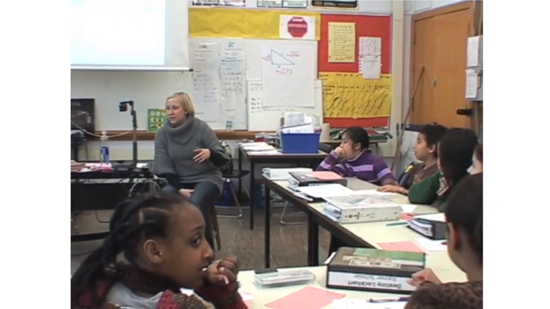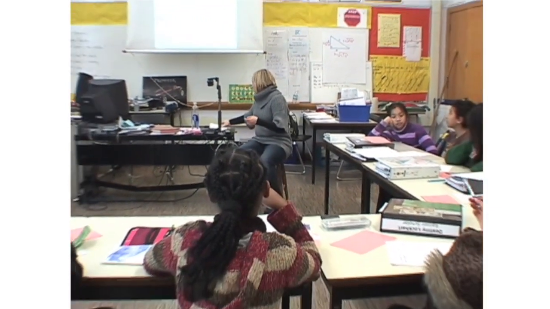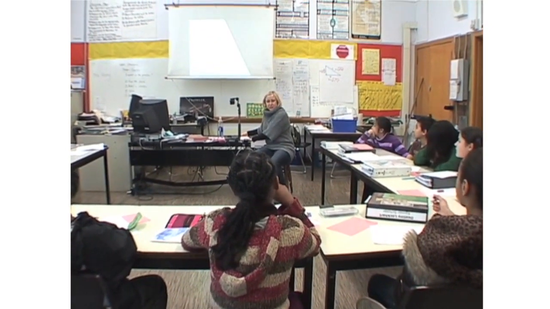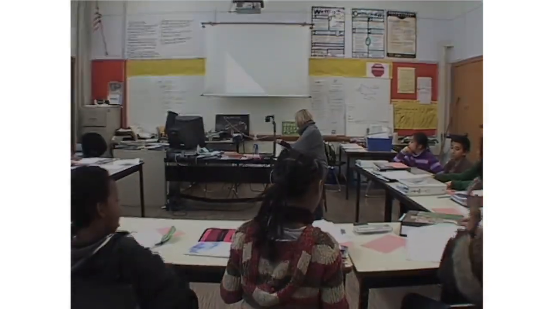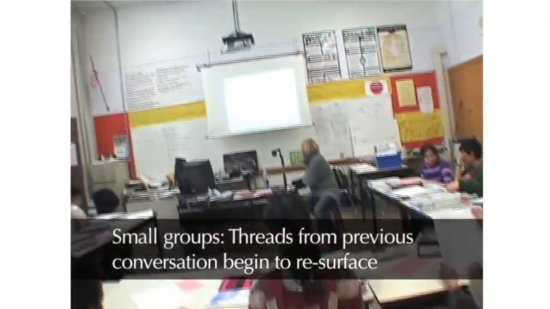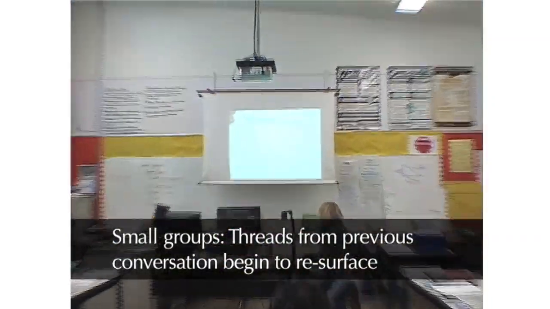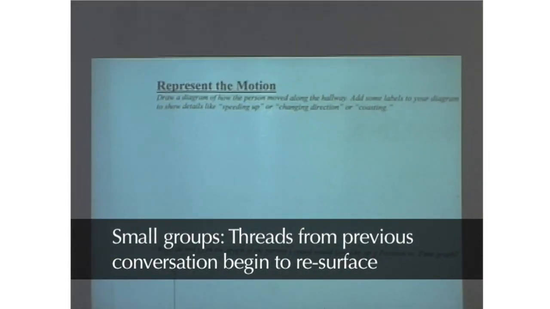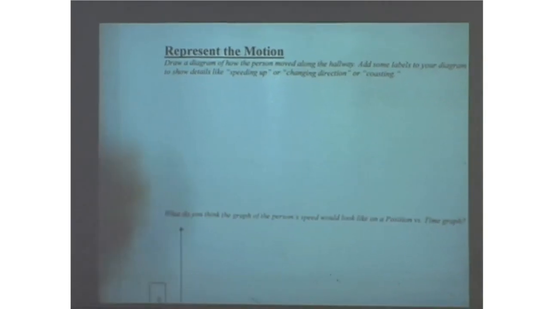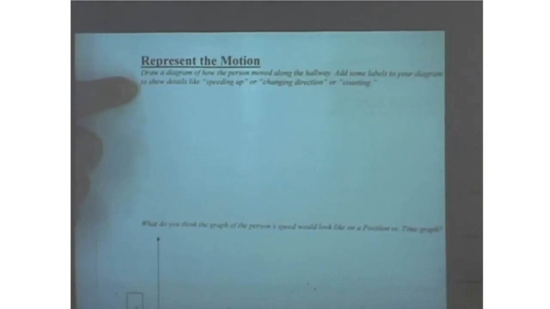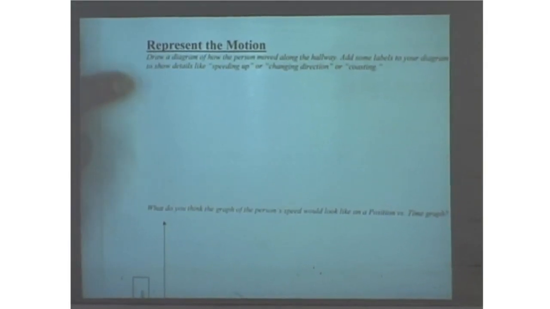I'm going to come around and talk to each table. You can add any ideas that you want to the front. You can always go back to the front page if you want. It asks you to represent the motion. Both Jael and Liliana have already started doing this in their words. Jael started to talk about something that you could put in the top part of your representation.